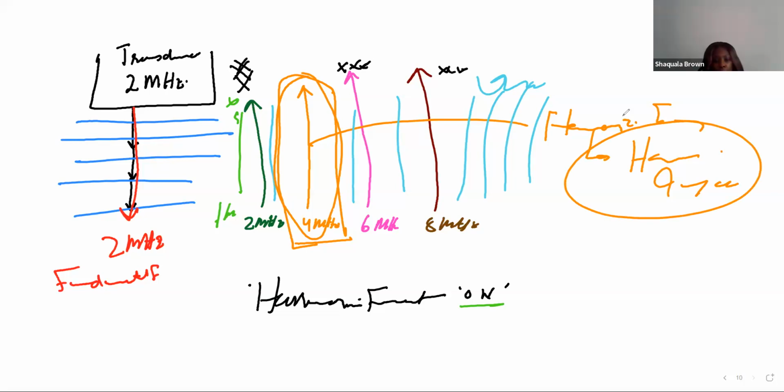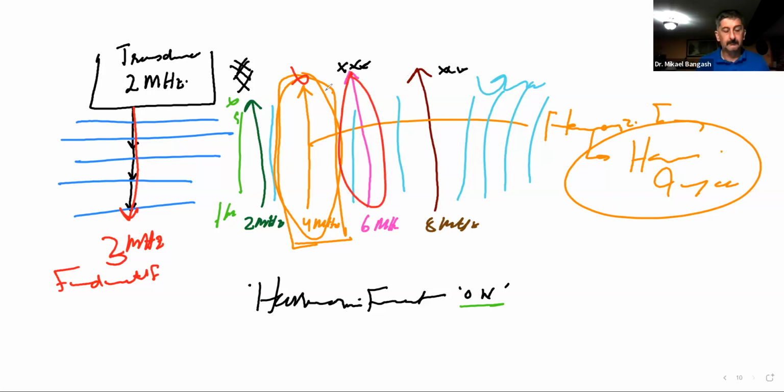Is that because it's 2 times the fundamental? Exactly. That's why. So if your fundamental frequency was not 2 megahertz but let's say 3, then you're going to discard this and use this. Did that make sense? Was your fundamental frequency 4 megahertz?